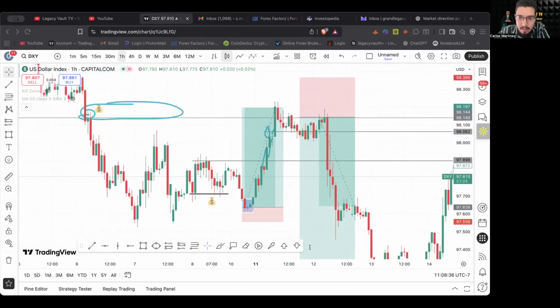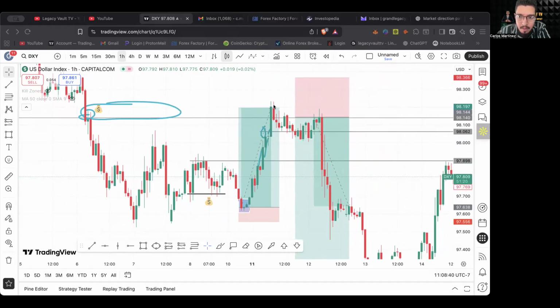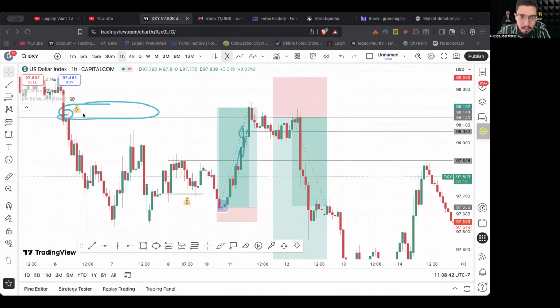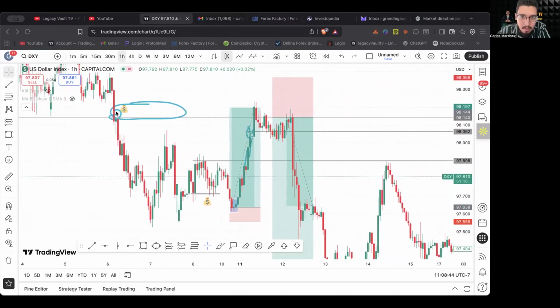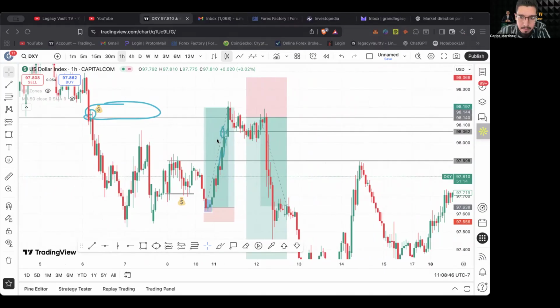And then price spiked above the equal highs here. Price pushed up, it spiked up, and it created a fake out and took out the stop losses here, and then it reversed back down.